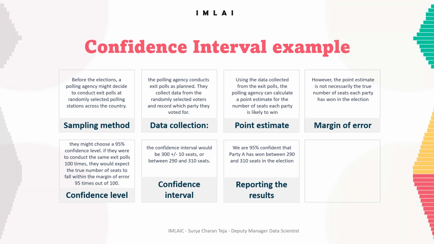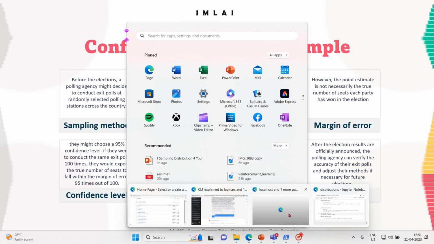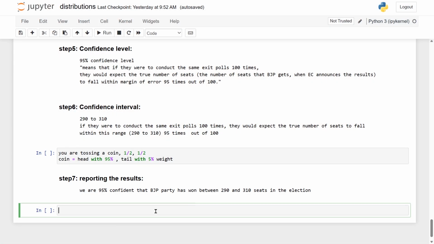That day their respective agency will verify. After the election results are officially announced, the polling agency can verify the accuracy of their exit polls and adjust their methods if necessary for future elections. So that's the final step.